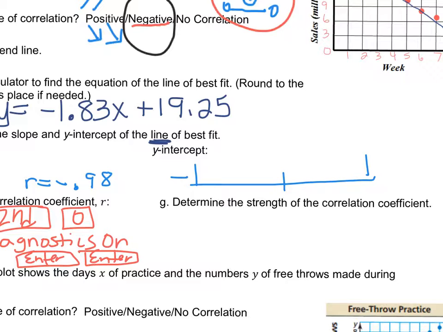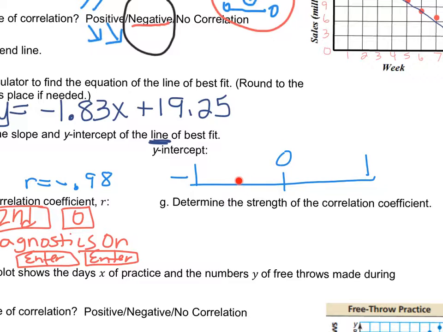And the way it works is on the scale, the closer you get to either -1 or +1, the stronger your correlation is. When you get all the way to -1, you are at a straight line, a complete linear equation. When you get to +1, you're also at a complete linear equation. It's just a positive line instead of a negative. When you get to 0, there is absolutely no correlation.